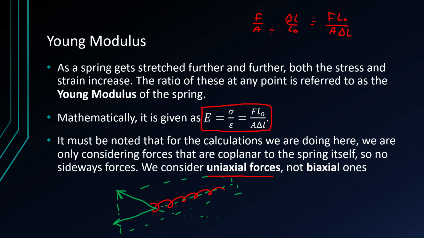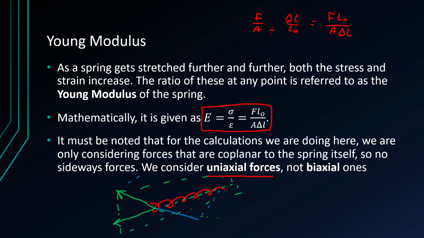If we're considering this force here, the green box is the plane that all of the forces must lie on, a plane being an infinitely thin surface. Whereas with this one, we need to consider all of them occurring along this blue plane that would continue out forever. So when considering Young modulus calculations, we need to think of a plane which, I guess, benefits both of these.